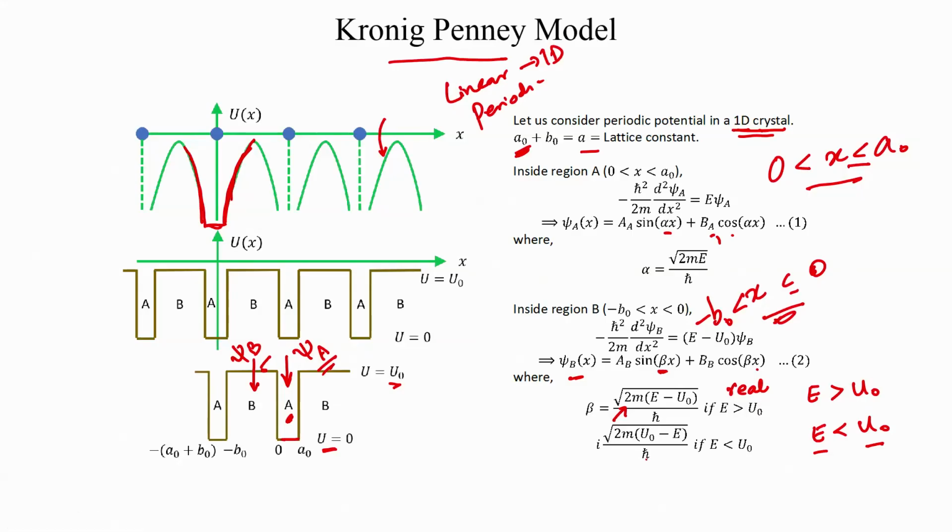Therefore the wave function can exist, and beta takes the value of a complex number, where i is the square root of minus 1. And if beta is a complex number, then the sine and cosine of a complex number will result in exponentials of a real number.